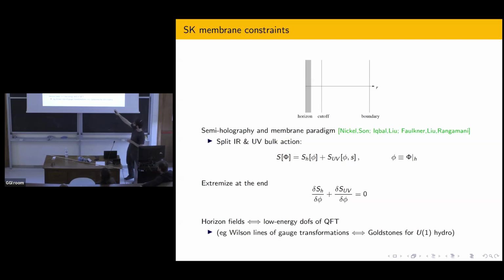Yeah, I agree. So I will put phi on shell separately on the first piece of the bulk, subject to the Dirichlet boundary conditions on the cutoff surface. And then I will not do it in this talk, but I also want to consider the other part of the action and minimize with respect to phi. But the argument is that the low energy effective action will actually correspond to this horizon action.